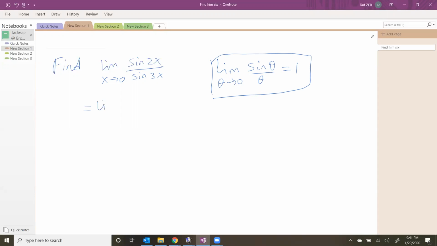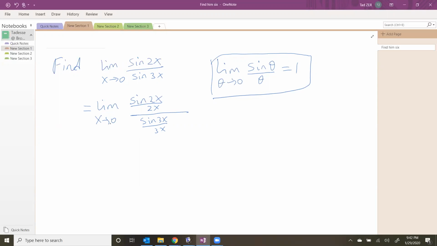This will be equal to the limit of, because I have sine 2x here, I need the same expression in the denominator. So I'll keep sine 2x divided by 2x, over sine 3x divided by 3x, as x goes to 0.